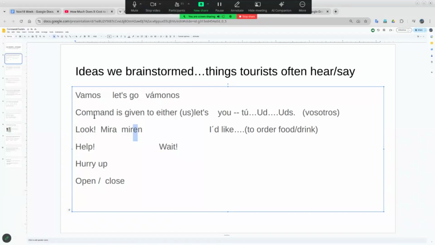Okay, so let's take a logical step forward. What if somebody were to use an usted command? Let's say you're in a polite, fancy restaurant or store. Mire. Look at what happens: opposite vowel. An AR verb, mirar, shouldn't have an E ending, right? It should have an A ending.